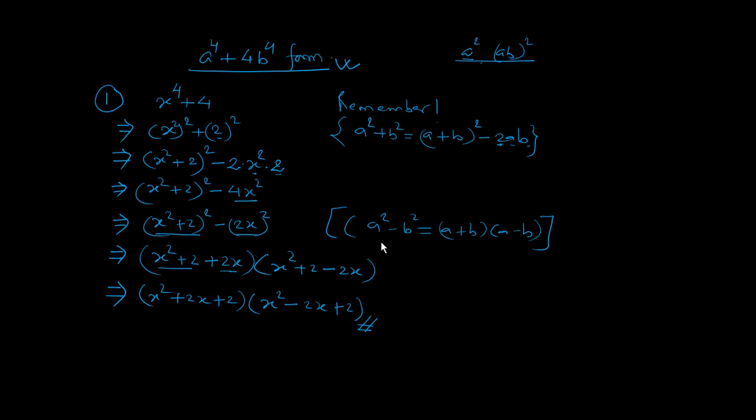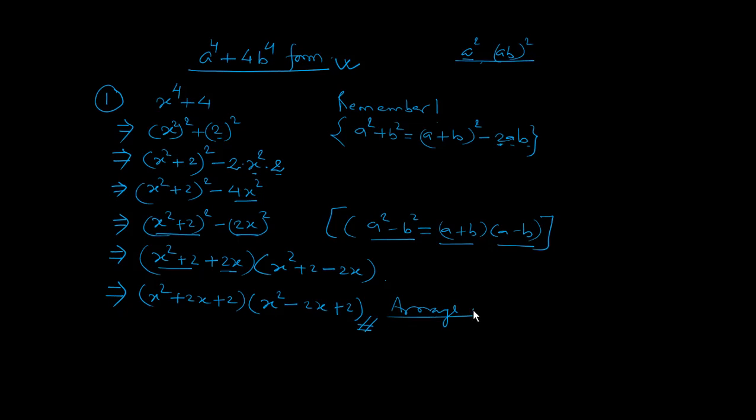So now (x² + 2)² minus (2x)² is the form of a² − b², that is (a + b)(a − b). So we get (x² + 2 + 2x)(x² + 2 − 2x).